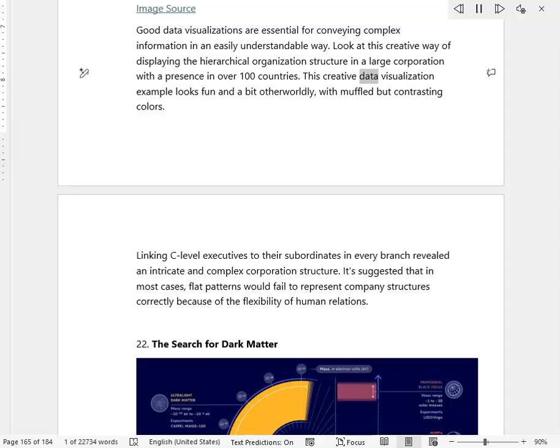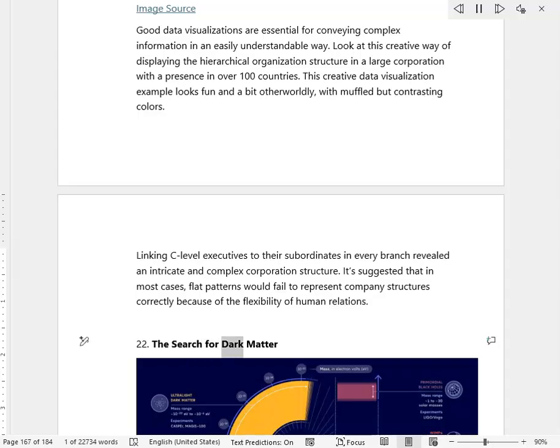This creative data visualization example looks fun and a bit otherworldly, with muffled but contrasting colors. Linking C-level executives to their subordinates in every branch revealed an intricate and complex corporation structure. It suggested that in most cases, flat patterns would fail to represent company structures correctly because of the flexibility of human relations.